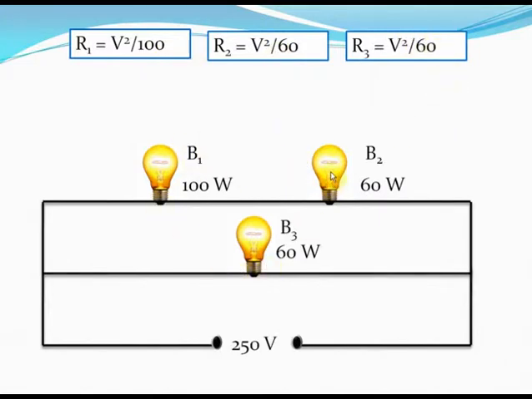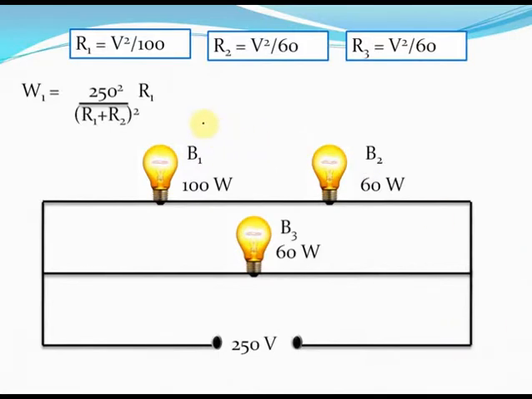Now we can use these 3 resistance values to calculate the net power dissipated across each bulb. Let's consider B1 first. The net power dissipated across the bulb B1 is clearly I square R1, if I is the current passing through B1. Now what is the current passing through B1?